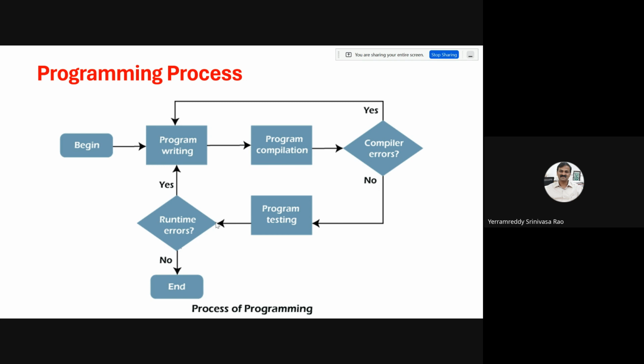Logical means what you expect, you are not getting. So there is a problem logically with what you did. Again you try to add some salt or some sugar, some ingredients, and you rectify it. Then finally you again change the program, compile the program, run the program.